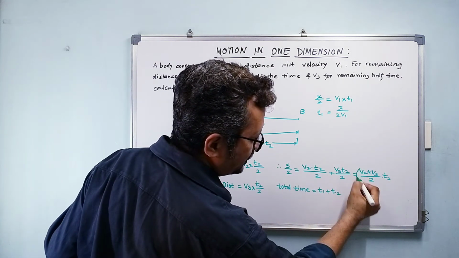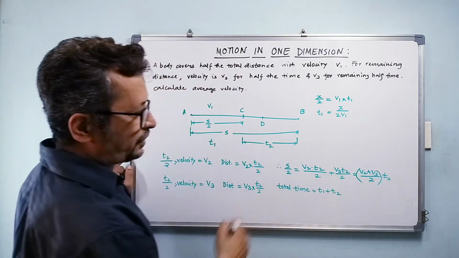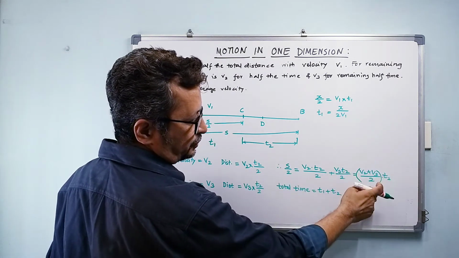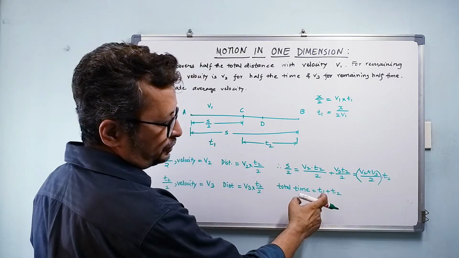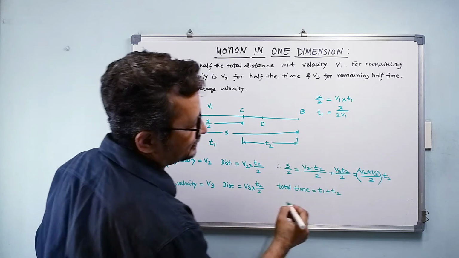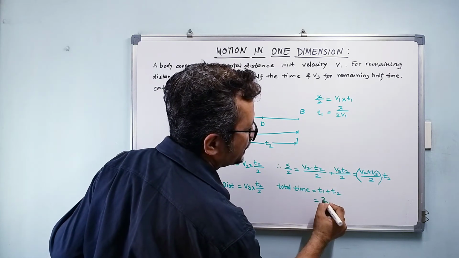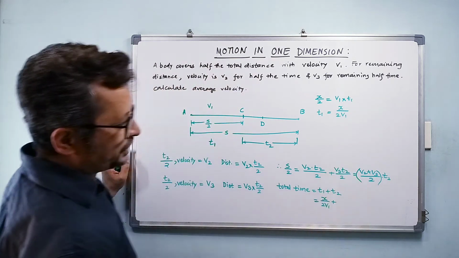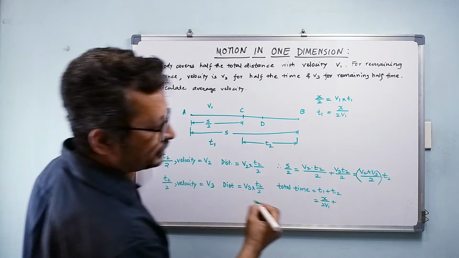Now from here, S by 2 is equal to v2 plus v3 upon 2 into t2. Correct. And I have to do t1 plus t2. So what is my t1? Is it not S upon 2v1, plus what is t2? It would be S upon v2 plus v3.